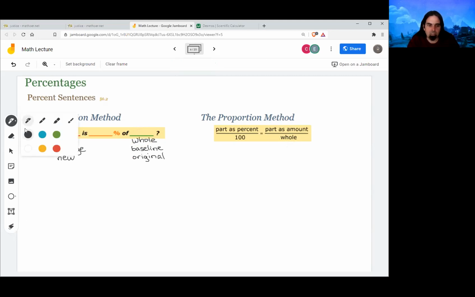What that means is that this one is part over whole, but as a percent. 100 is the whole as a percent, and whatever the percent number is is the part as a percent. So it's just part over whole on both sides, once written as a percent and once not.